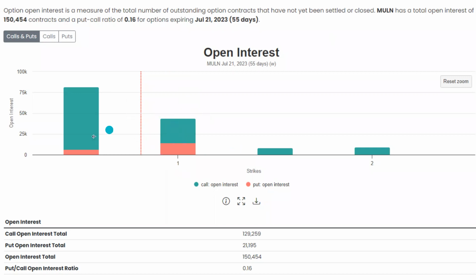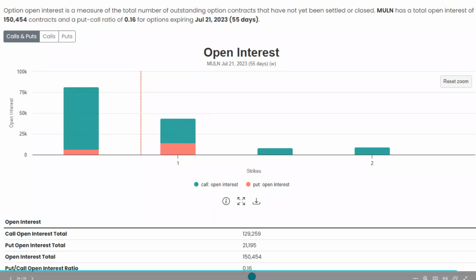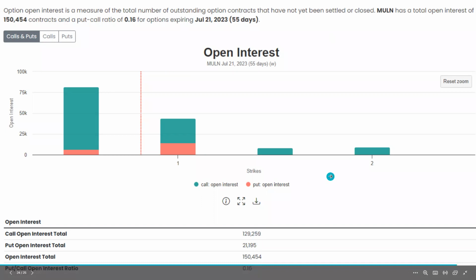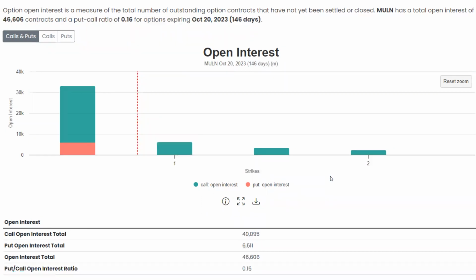And remember, the green here is going to be the call open interest, and the red is the put open interest. And we're still seeing a very strong bullish case when it comes to the option chain data, all right, with a put to call ratio of 0.16. If you go out even further and you take a look at the October 20th of 2023, it also has that same put to call ratio of 0.16. And we're seeing an even higher concentration here at that 50 cents strike price level, right?